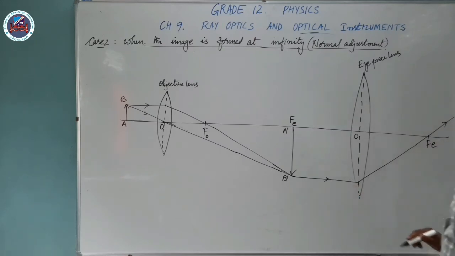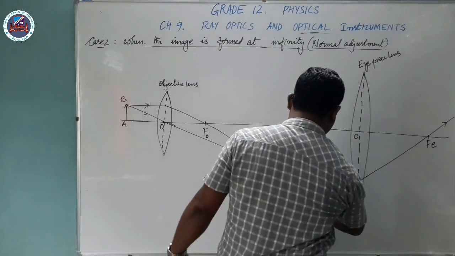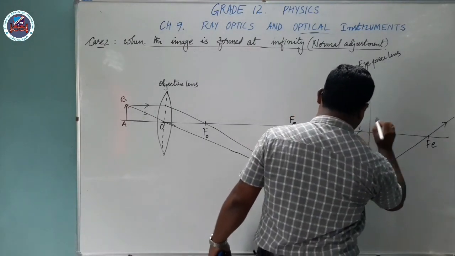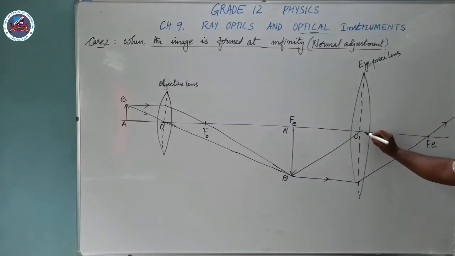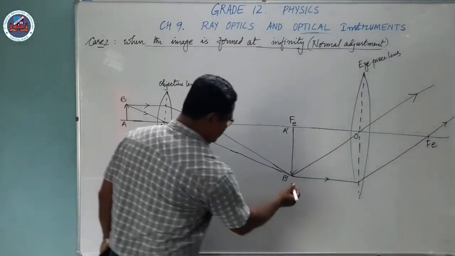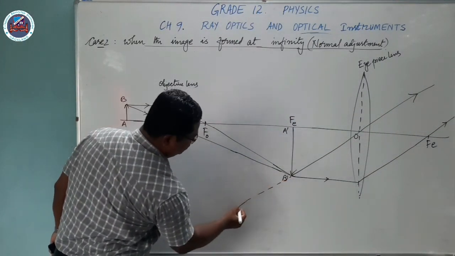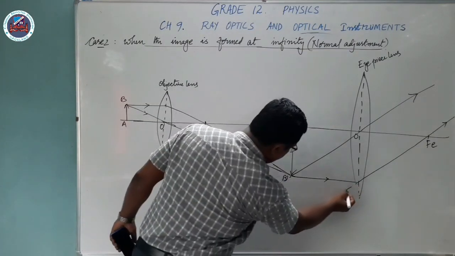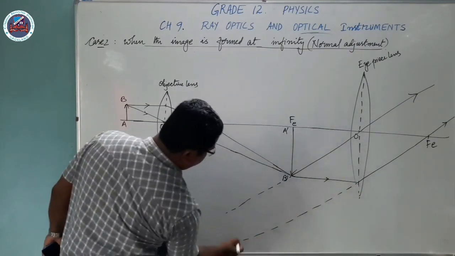The second ray, if I allow it to pass through the optical center, then it will just pass straight. These two rays, you can see that they are exactly parallel to each other. Then the final image will be formed at infinity. It will remain parallel here.